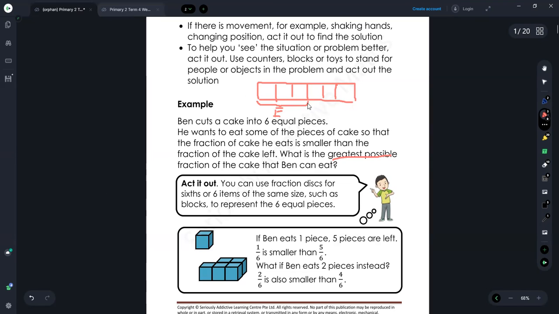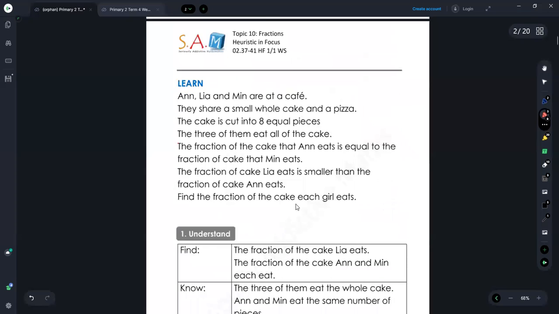Hence the greatest possible fraction of the cake that he eats is 2 out of 6. Please take note that because the question is asking for a fraction, they have to write 2 out of 6. They cannot write 2, because it's not pieces of cake, it is a fraction. So take note of that.